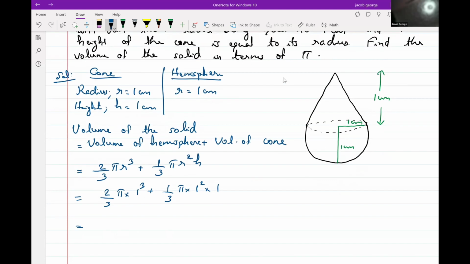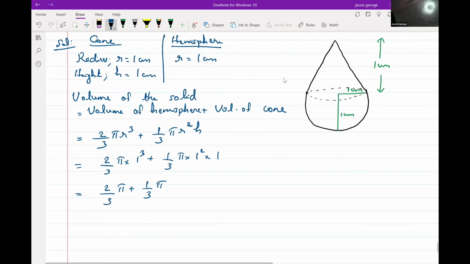Simplify. 2 by 3 pi into 1 cube is 2 by 3 pi, plus 1 by 3 pi. So 2 pi plus 1 pi by 3, that is 3 pi by 3, equal to pi centimeter cube. The answer is pi centimeter cube, in terms of pi.